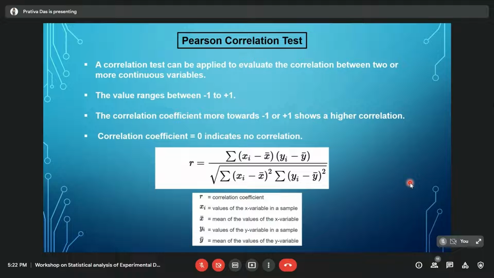The value usually ranges between -1 and +1. If it is more towards the minus side, that means they are more inversely correlated: if one increases, the other decreases. If it is more towards the plus side, then they are directly correlated: if one increases, the other will increase. So you can say directly proportional or inversely proportional. Or there is a situation where there is no correlation, then you will get a correlation coefficient of 0, which means there is no correlation present between the two.